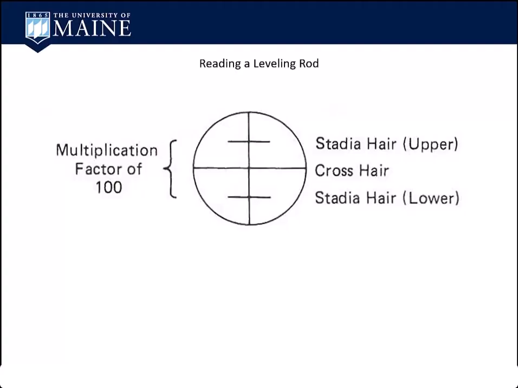That's how that works. Most instruments have a stadia constant of 100. Some European instruments don't, because they were built for the metric system.